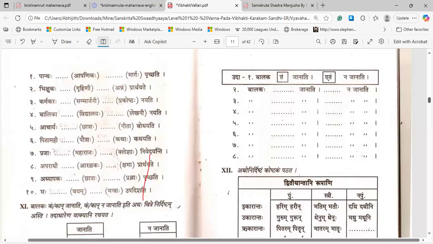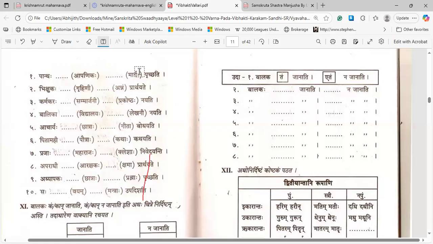So here, one special thing to note is that between the two karma padas, there might be a relation. Usually it is Shashti, usually, not all the time. For example, look at this: Panthaha apanikam margam prichhati. Panthaha is traveler, prichhati is asking.